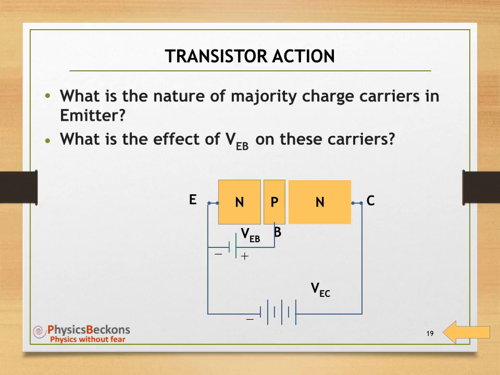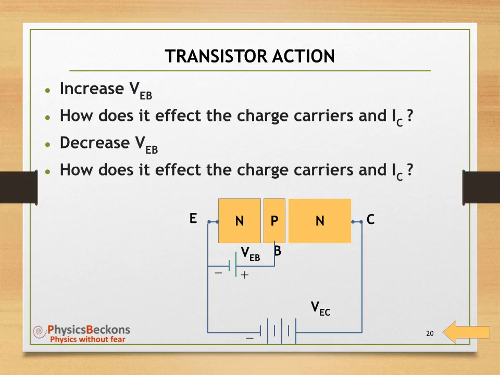So only a very small fraction, say 1 to 5% of the electrons rushing from the emitter towards the base, are lost in recombination with the holes in the base region. Most of the electrons, that is over 95%, cross over to the collector, which is reverse biased, that is it is at positive potential and hence it is capable of collecting those electrons.